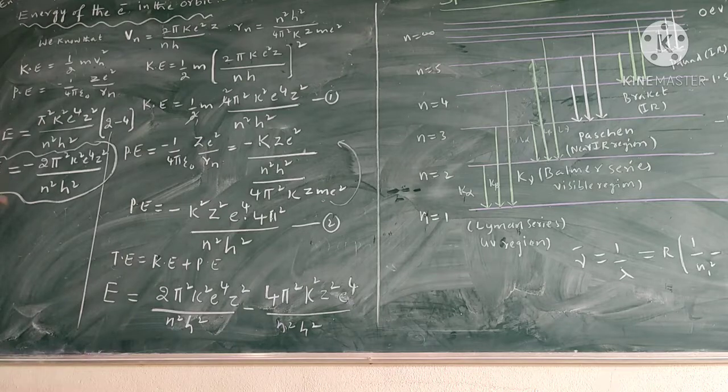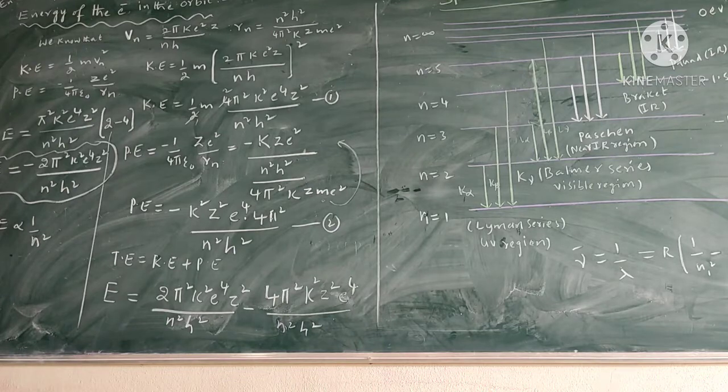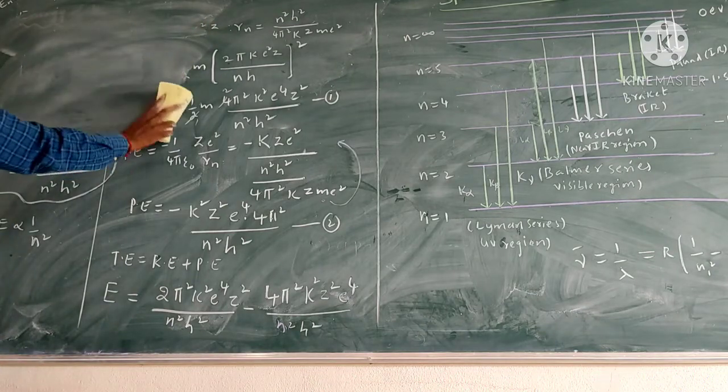Here E is inversely proportional to n square. If the n square value increases, that is, as the number of the orbit increases, the energy of the orbit decreases. This is the total energy of the electron.